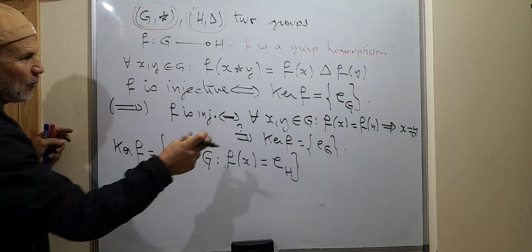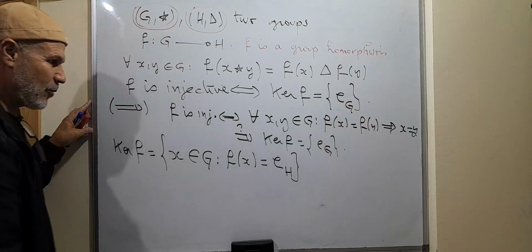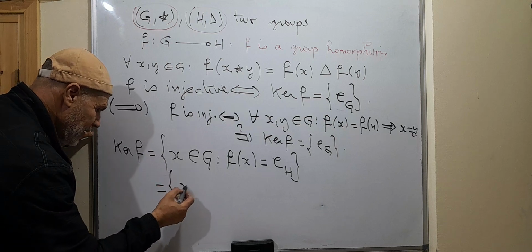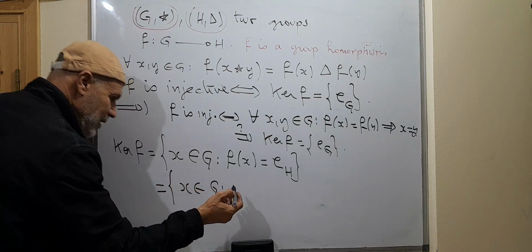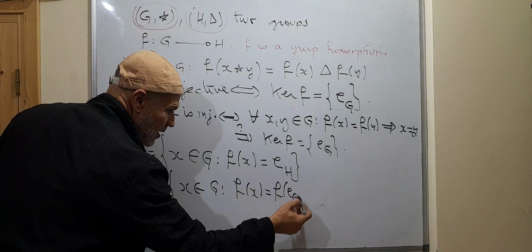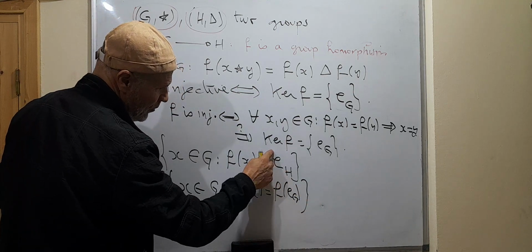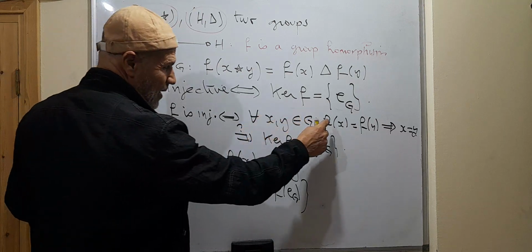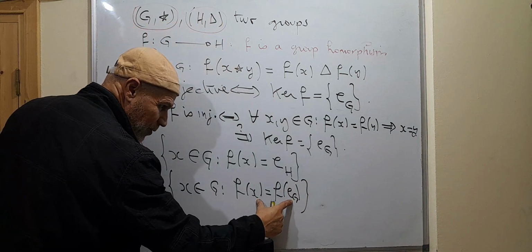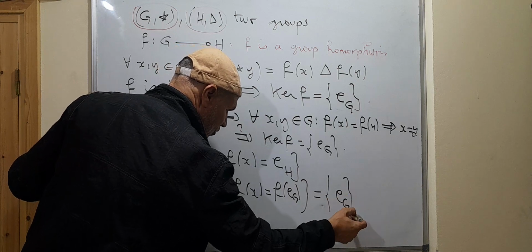But if two images are equal, this implies that x is equal to y. So x belongs to G such that f of x is equal to f of e_G. Why? We already proved that f of e_G is equal to e_H. But since f of x equal to f of e_G implies that x is equal to e_G, this proves that the kernel is reduced to e_G.